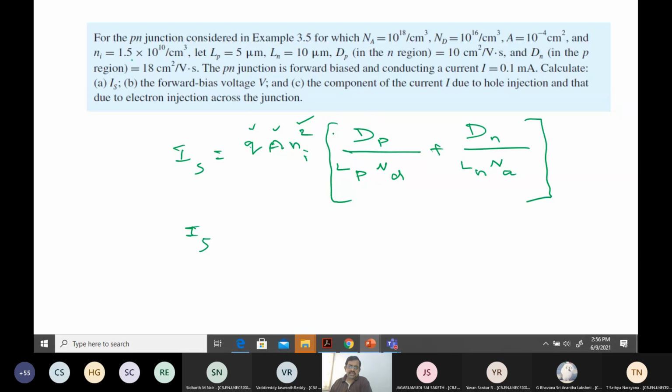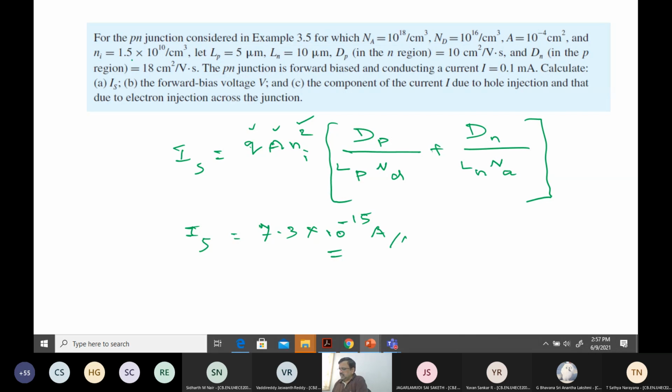Dp is given, Lp is given, Nd is given. Everything is given. If we substitute here, again you can do simple mental math. You will get Is equal to 7.3 into 10 power minus 15. You can see the level of the saturation current is extremely small.